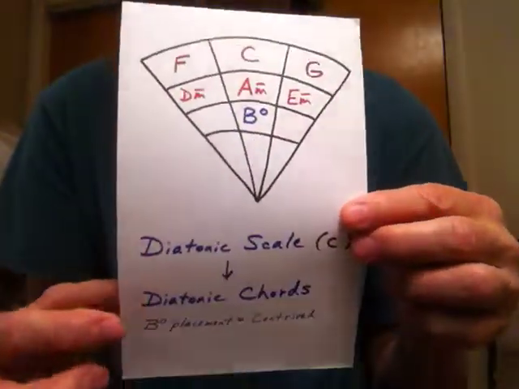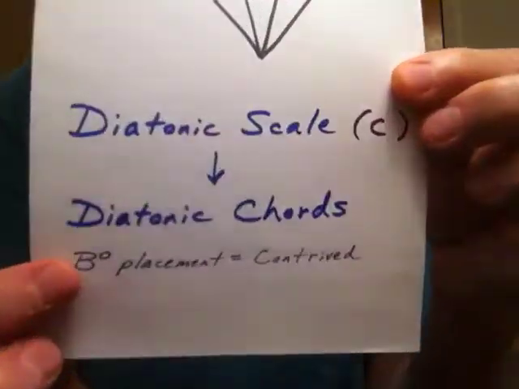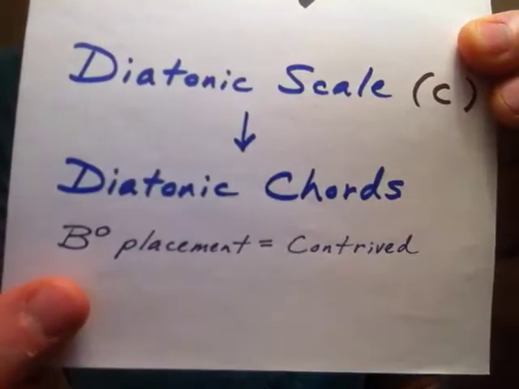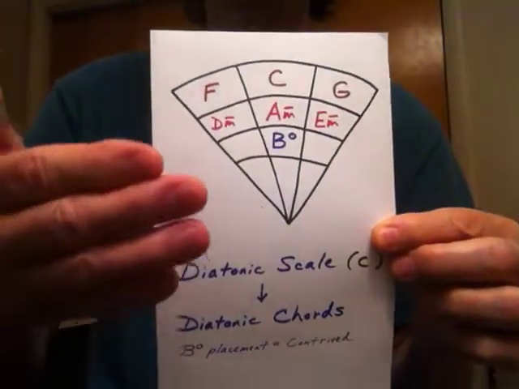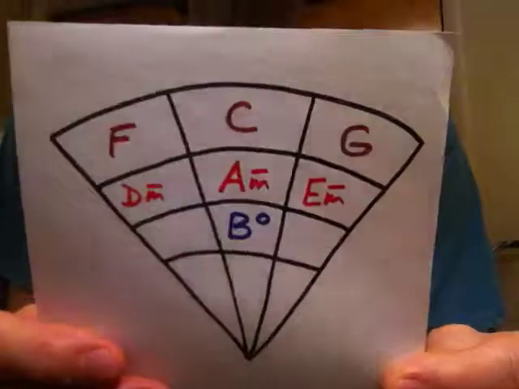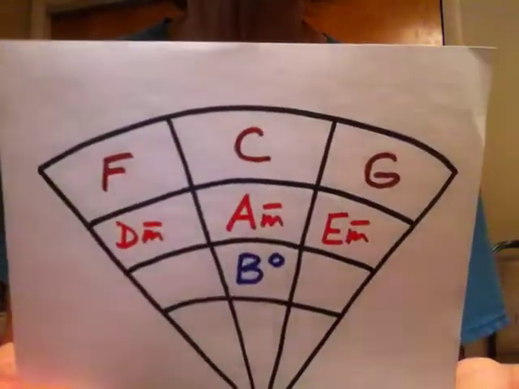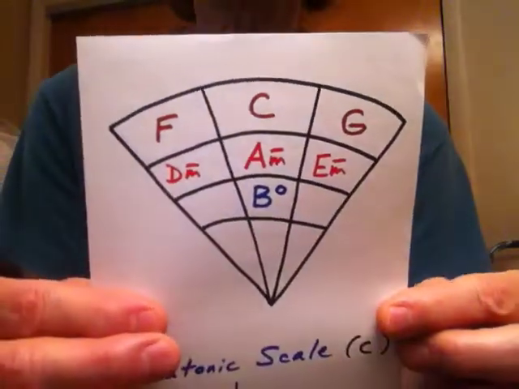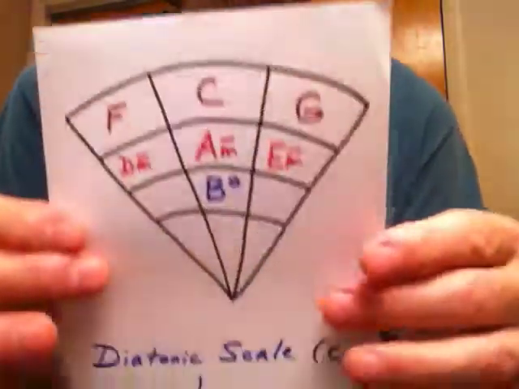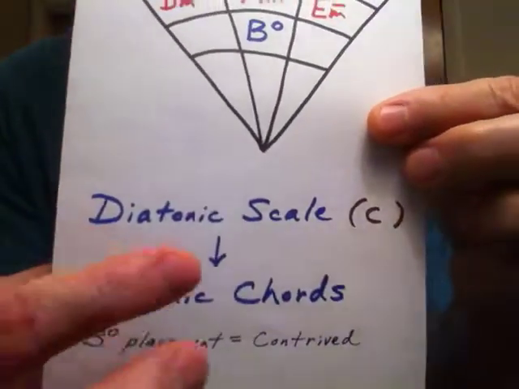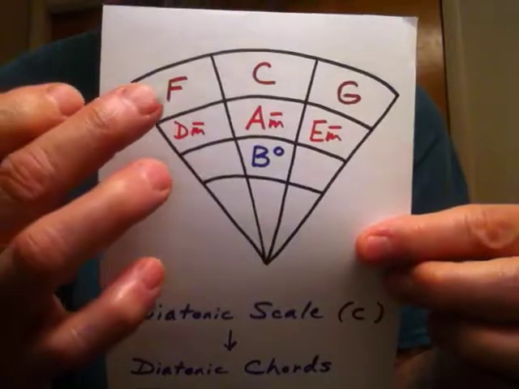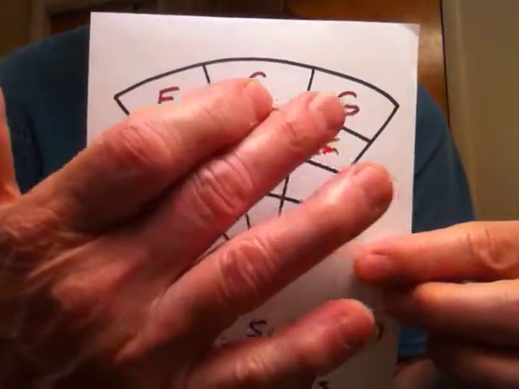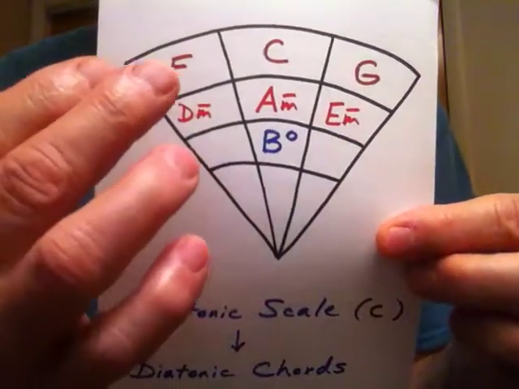And the placement of this B diminished is contrived. They stuck it in because they wanted it to look neat. Oh, look, everything's neat, you see? So they stuck it in there, and it's contrived. What happens is, I have this diatonic scale. These tones generally represent your diatonic scale.